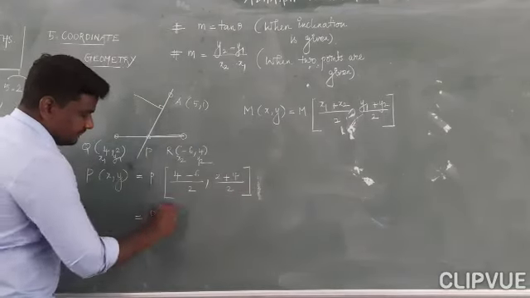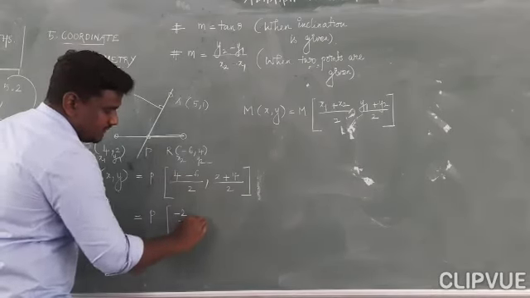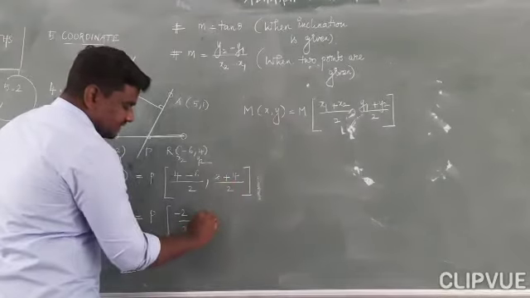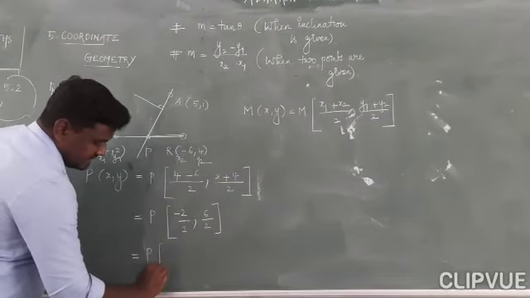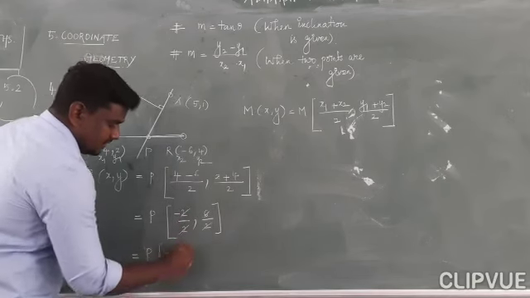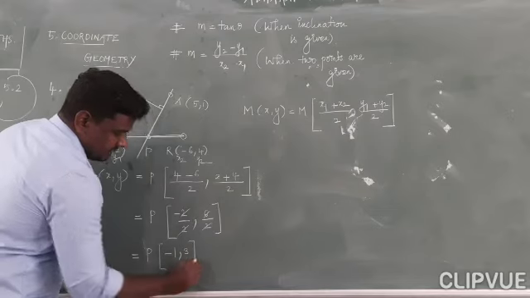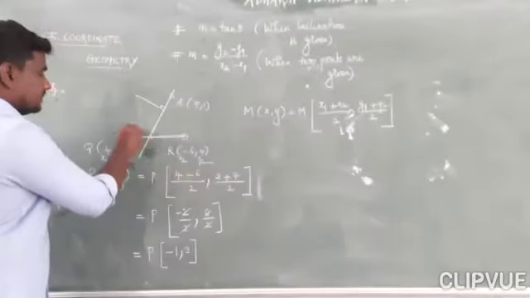So P is (4 minus 6) by 2, comma (2 plus 4) by 2. If you simplify it, you get minus 1 comma 3. So the point P is minus 1 comma 3.